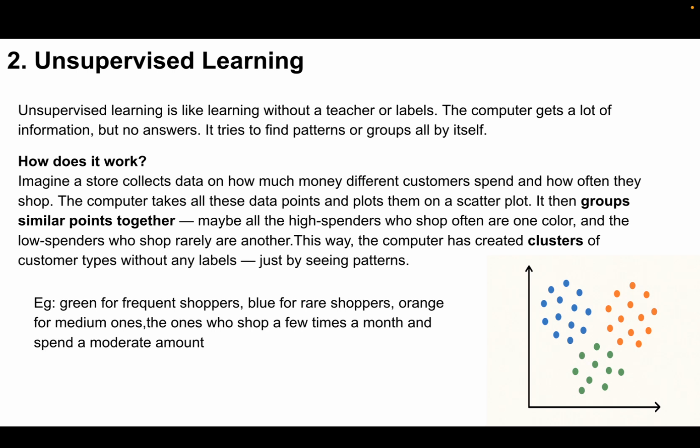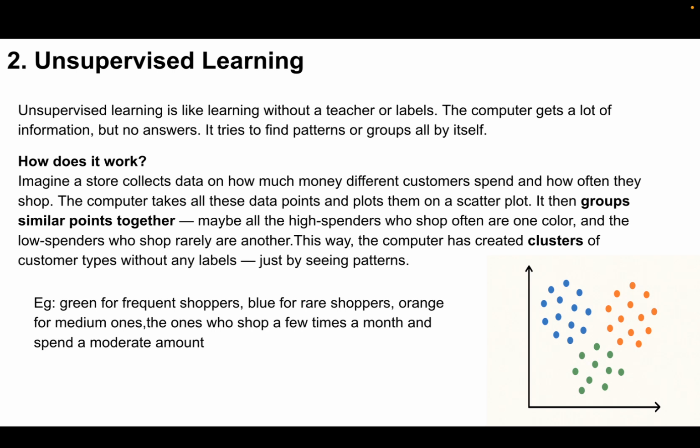Imagine a store. A store collects data on how much money different customers spend and how often they shop in their store. The computer takes all the data points and plots them on a scatter plot, just like you see in the picture. It then groups similar points together, like maybe all the high spenders who shop often are one color, and the low spenders who shop rarely are another color.